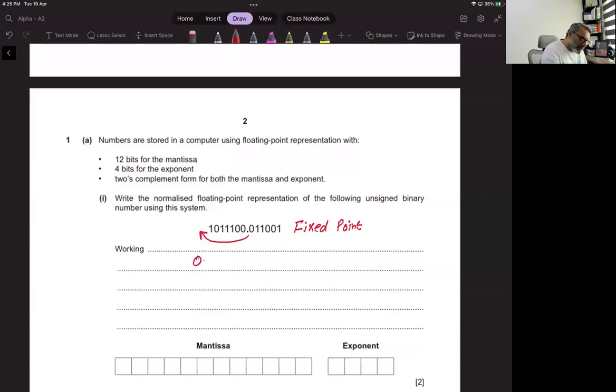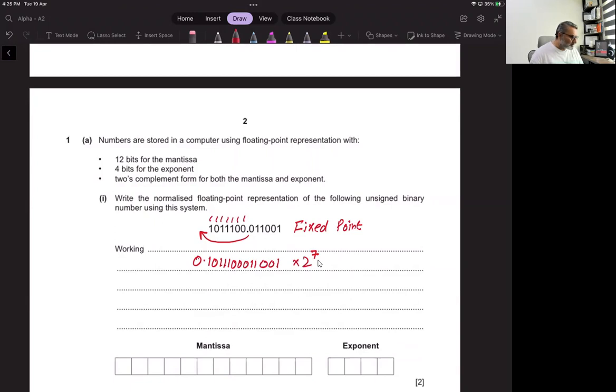So this would become 0.10111000110001, and the point moved 1, 2, 3, 4, 5, 6, 7. This will be its exponent. Now, this is mantissa, this is exponent.